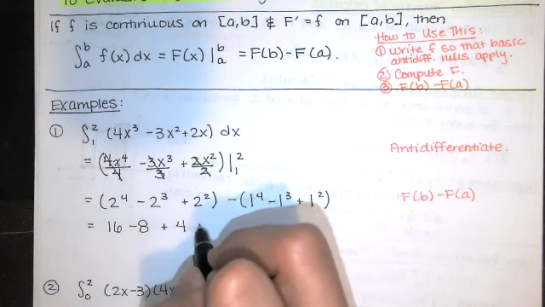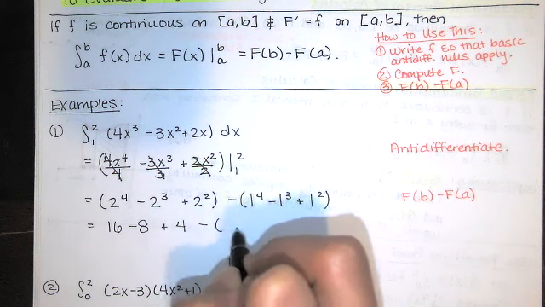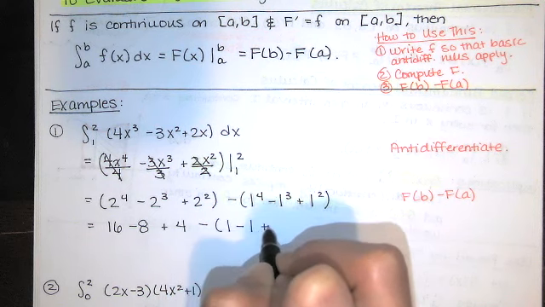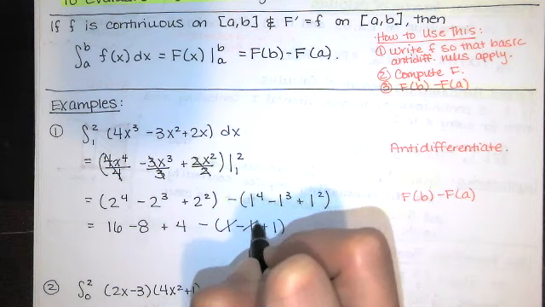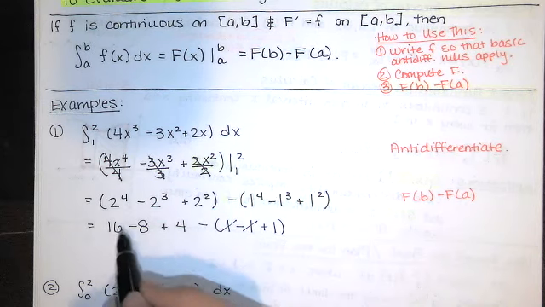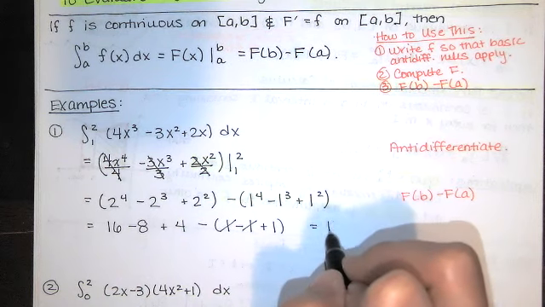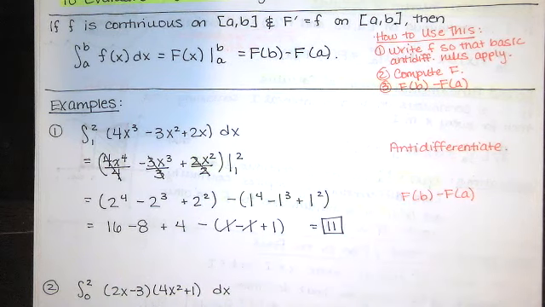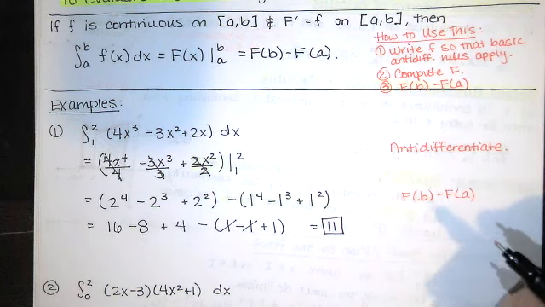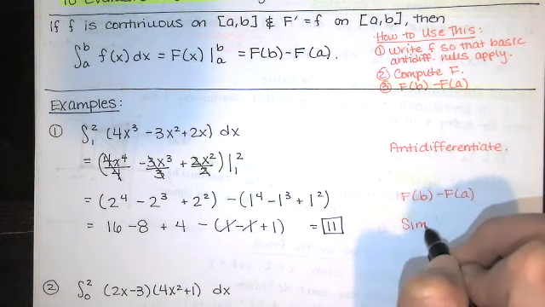And then over here we've got negative, we're subtracting 1 minus 1 plus 1. So those ones reduce, so we end up subtracting 1. So we have 12 over here minus 1, that's 11. Isn't that nice? I think it's great.